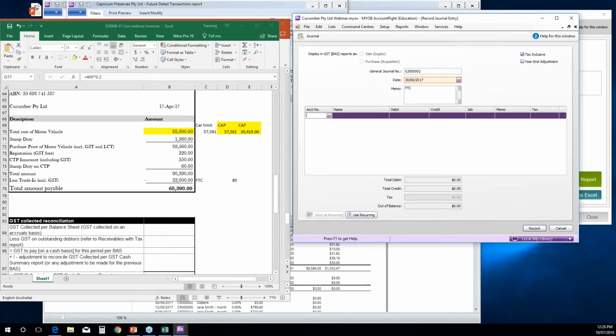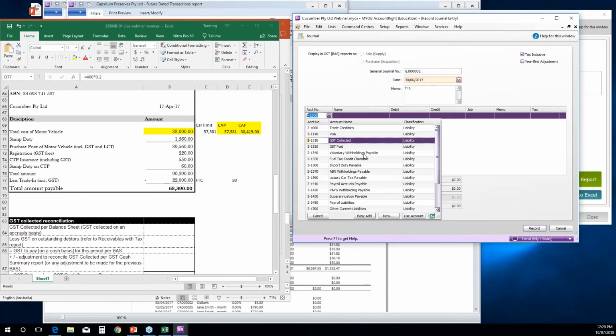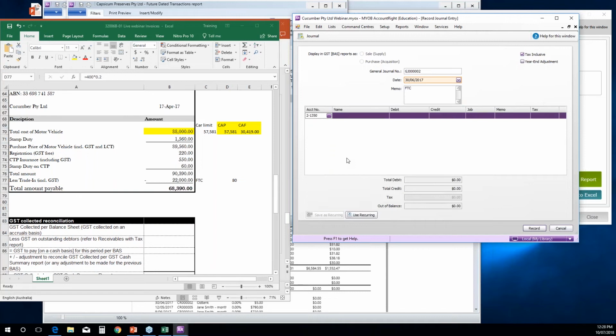So what do we do? We debit the fuel tax credit claimable. Number 2 is normally liability. These are what we call the contra liability, which will reduce other business activity statement liabilities. So you get the fuel tax claim credit. So this amount will reduce the liability.